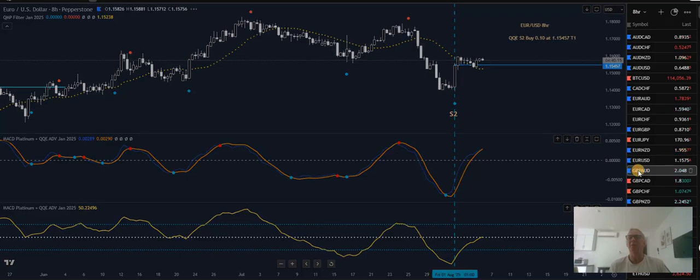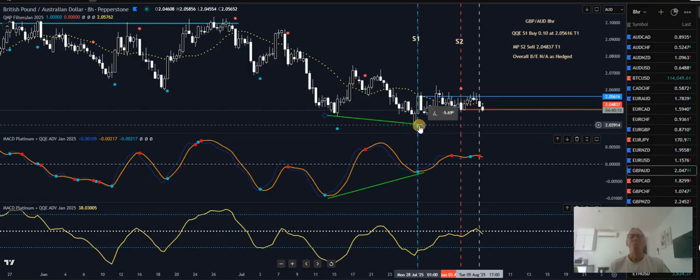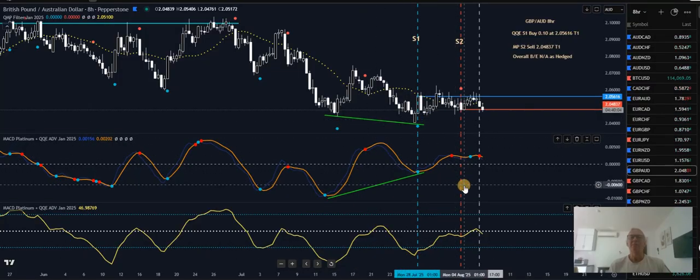Yeah, not much else happening. Pound Aussie. Took a buy here. It was QQE and hidden bullish divergence. Hasn't really got very far. It's just gone against me the whole way. Hasn't really popped up. It's eventually gone through the 50 level in the QQE, but I couldn't do much about it.